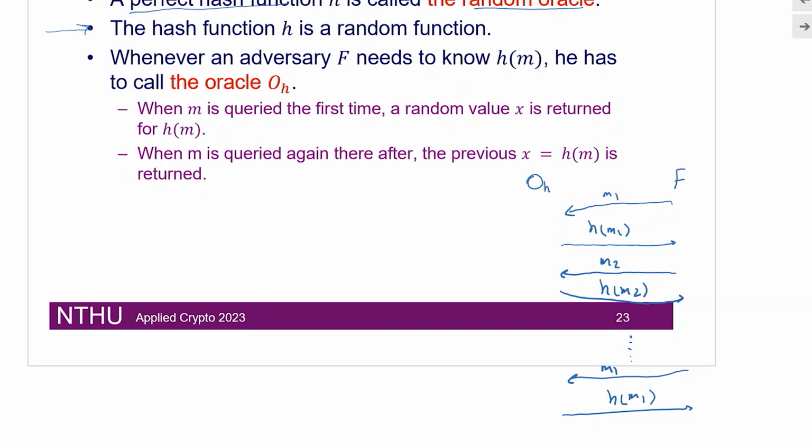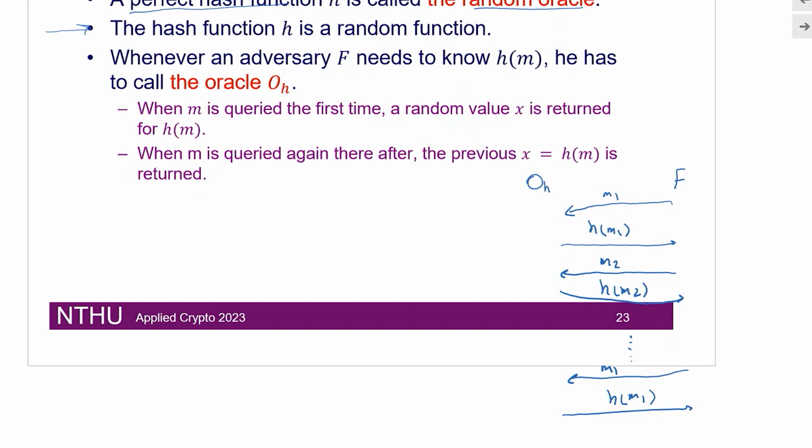Every time you query some message, it tosses a coin or generates a random number, stores it in the database, and then returns that random number to you as the output of the hash function, and so on and so forth. What I want to say is that this interaction looks like a function call that you normally do when you write code.